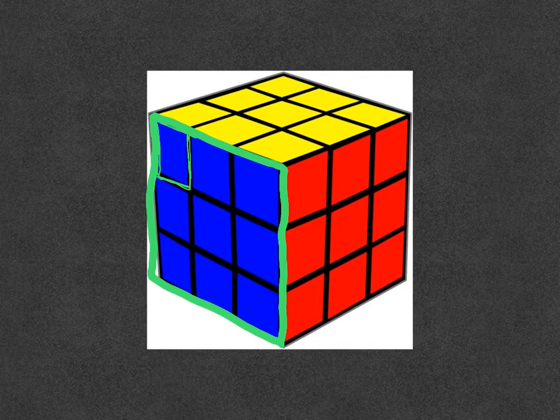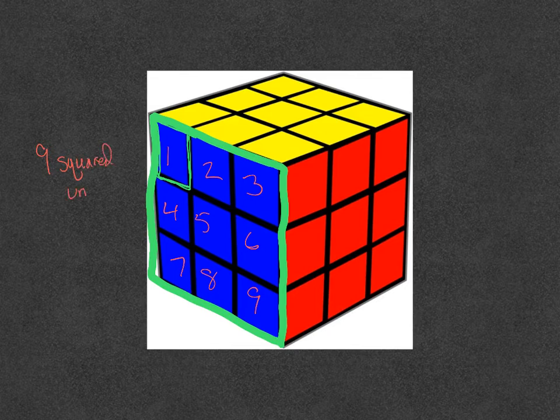Well, we've got 1, 2, 3, 4, 5, 6, 7, 8, 9. So the area of that face is 9 square units.